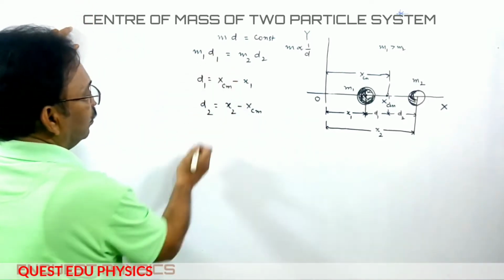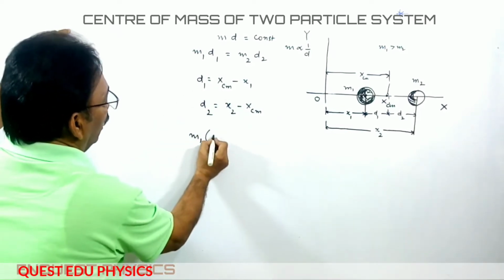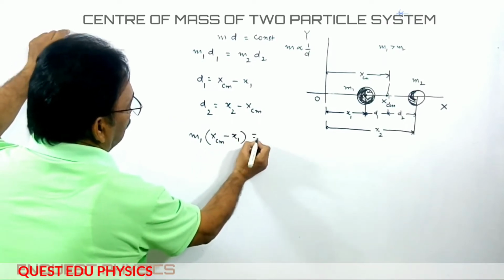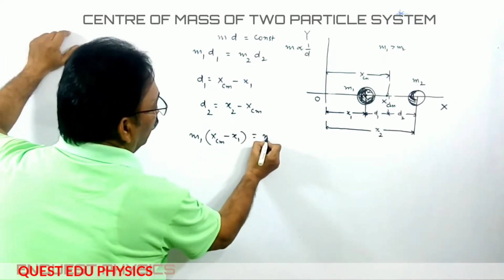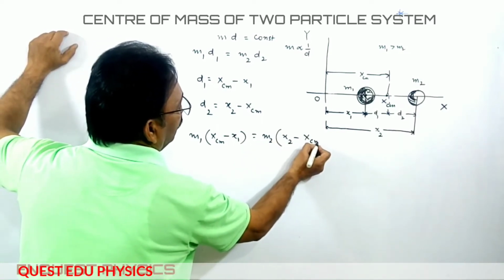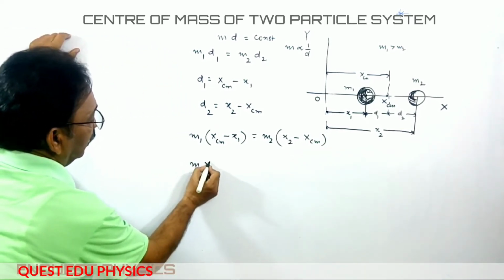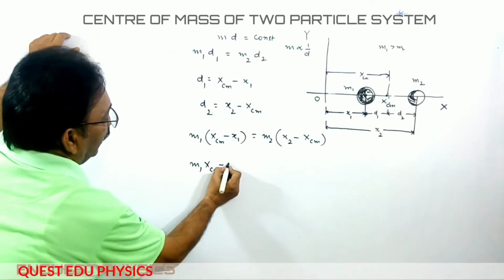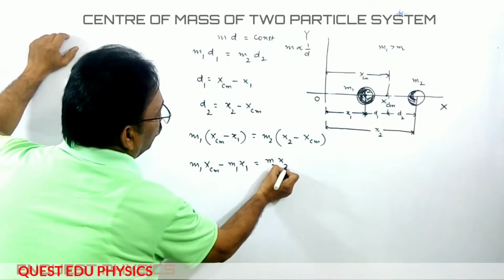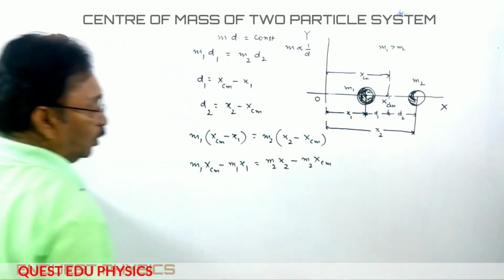I'm just putting the values in. Let's see what happens. In m1 d1, instead of d1 I'm writing xcm minus x1, which is equal to m2 times x2 minus xcm. Okay students, it can also be written as m1 xcm minus m1 x1 is equal to m2 x2 minus m2 xcm.